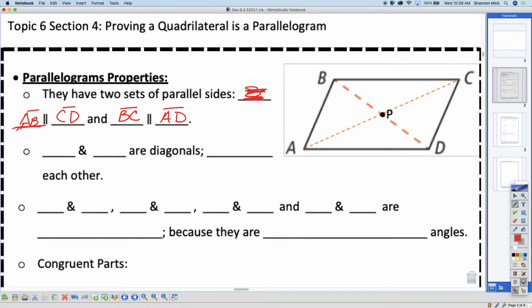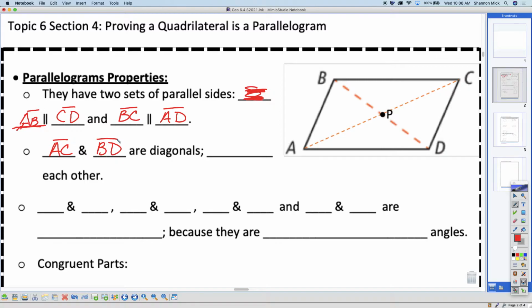Okay, so I have blank and blank are diagonals. So what's one diagonal? AC and BD. And guess what they do to each other?